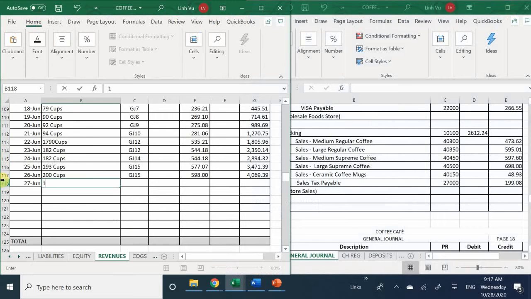One hundred and 99 cups. For the 500, 595.